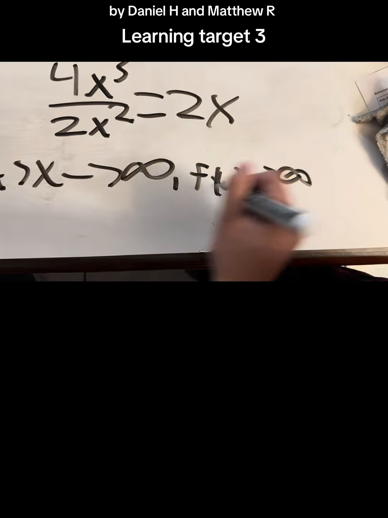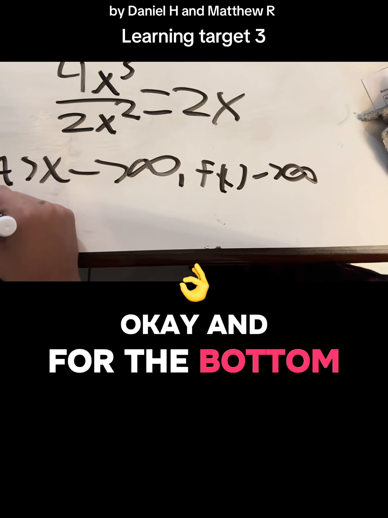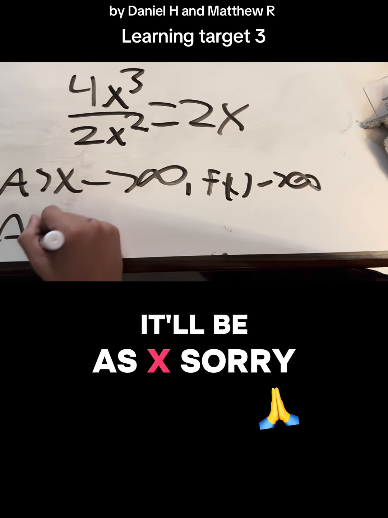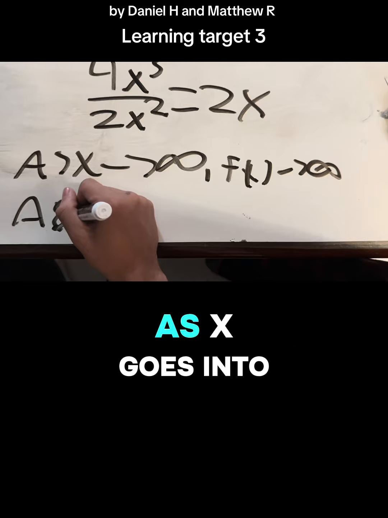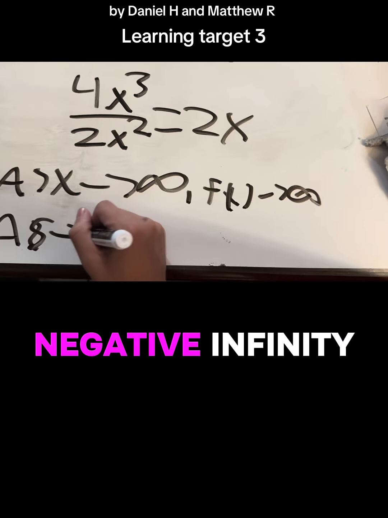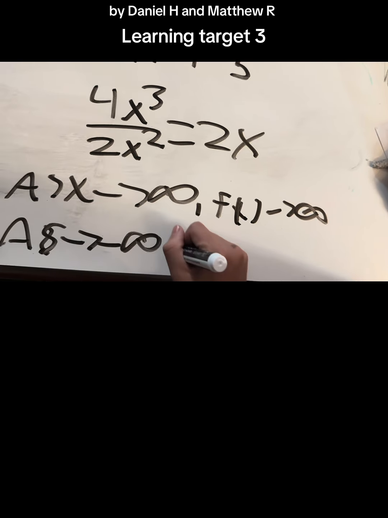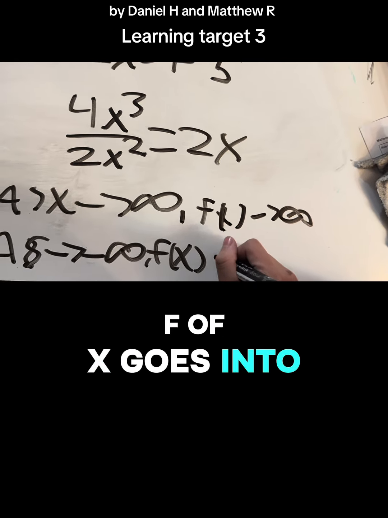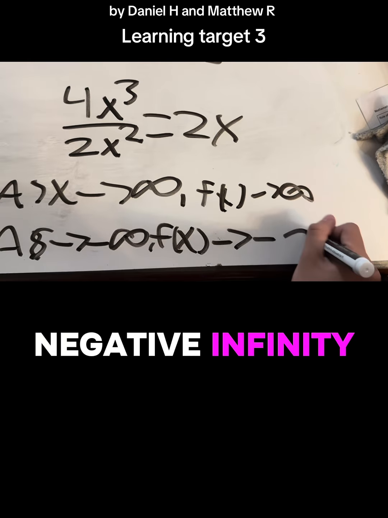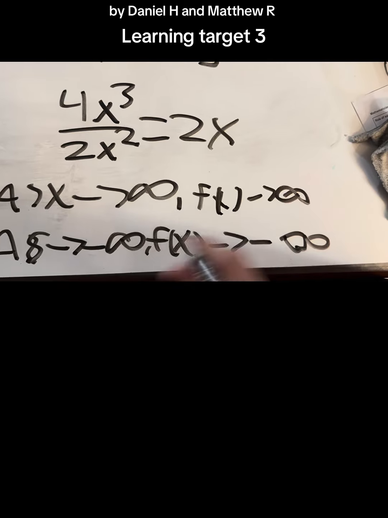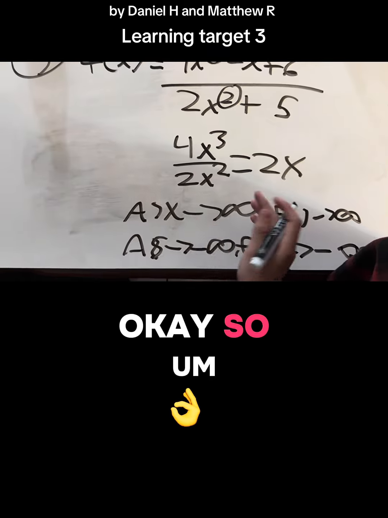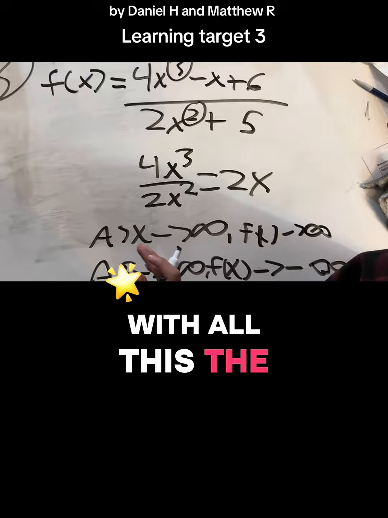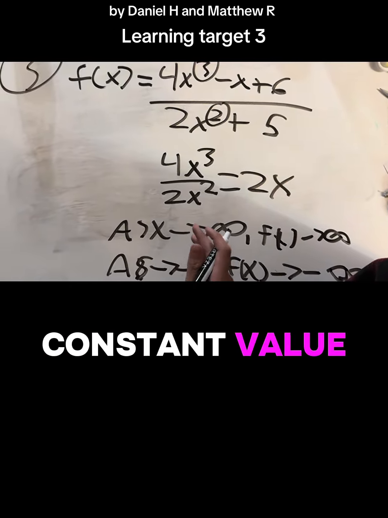And for the bottom, sorry, I wrote that backwards, as x goes to negative infinity, f of x goes to negative infinity. So with all this, the function does not approach a constant value, so there's no horizontal asymptote.